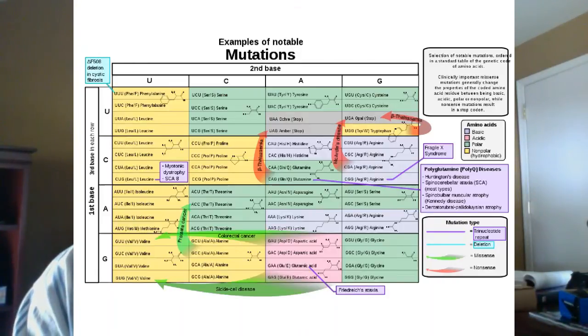We started out looking at sickle cell disease, and if you look down here at the bottom, there's a green arrow that moves from right to left in the bottom row. What happens in sickle cell disease is a GAG that codes for glutamate, or glutamic acid, has a mutation that has changed it to GUG, which codes for valine.